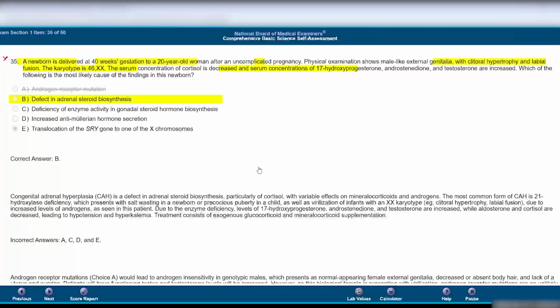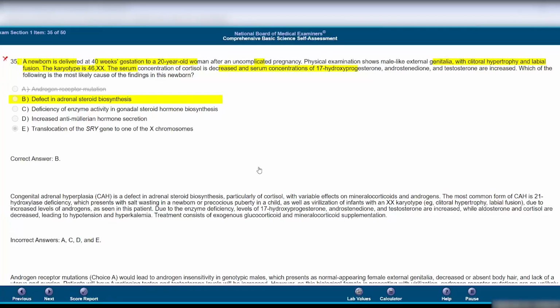Physical examination shows male-like external genitalia with clitoral hypertrophy and labial fusion. The karyotype is 46XX, so it's a female, with ambiguous genitalia. The serum concentration of cortisol is decreased and serum concentrations of 17-hydroxyprogesterone, androstenedione, and testosterone are increased. Which of the following is the most likely cause?